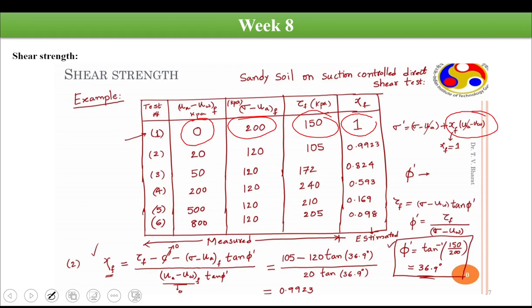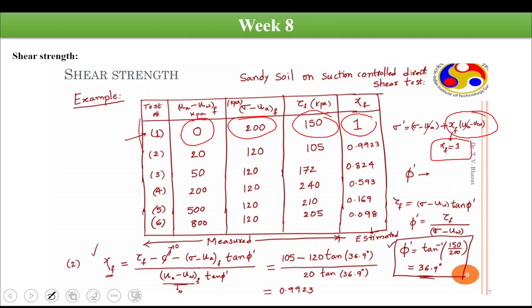So we'll obtain that zeta f will come as infinity, but we know that the value of zeta f is limited to 1. So we will take the value of zeta f as 1 here, mostly in the case of saturation.